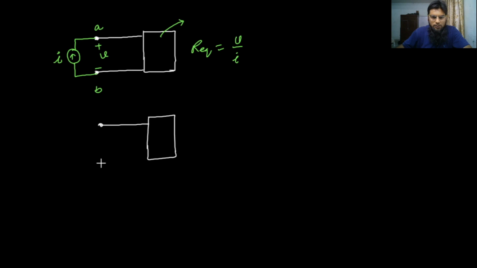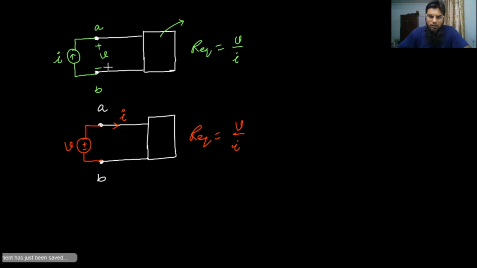This is the resistance box and this is the terminal AB of the resistance box, and if we connect a known voltage source across this terminal and calculate the current going inside the network, the resistance R equivalent will be equal to V by I. So these are the two ways we can calculate the equivalent resistance, whatever be the resistance of this box.